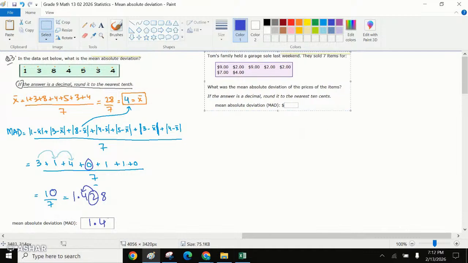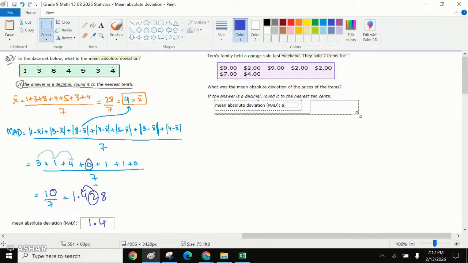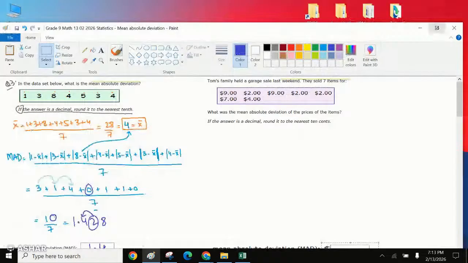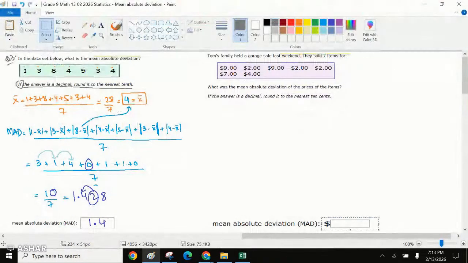If this is from Tom's family, then we need to find the mean absolute deviation, and the deviation should be this. This is our question number 4, and it says we need to find the mean first.